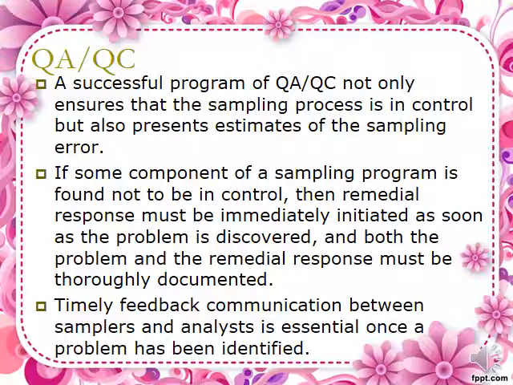So a successful program of quality assurance and quality control not only ensures that the sampling process is in control, but also presents estimates of the sampling error. So if some component of the sampling is not in control, then a remedial response must be taken as soon as the problem is discovered, like I mentioned just now.